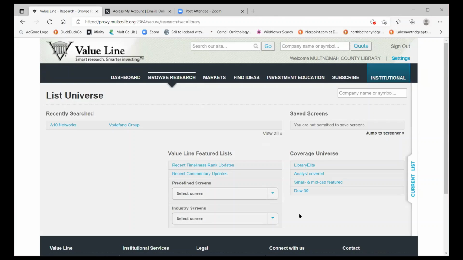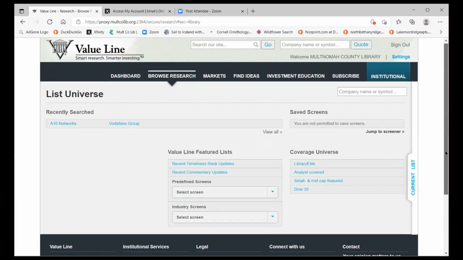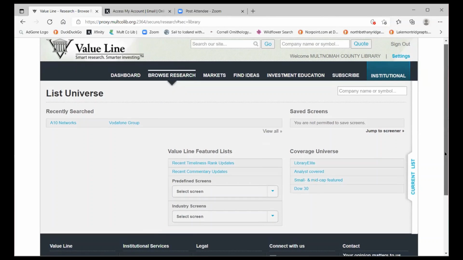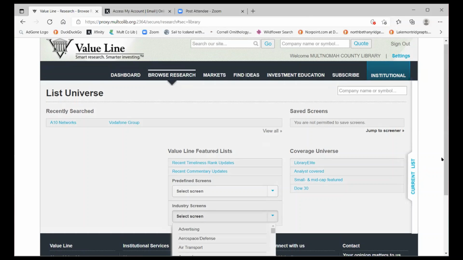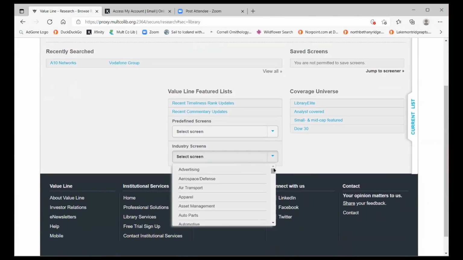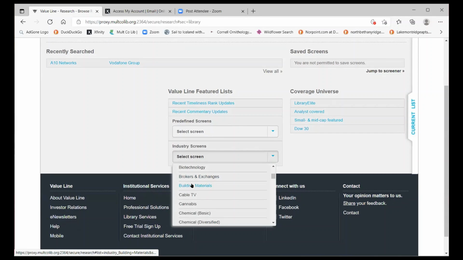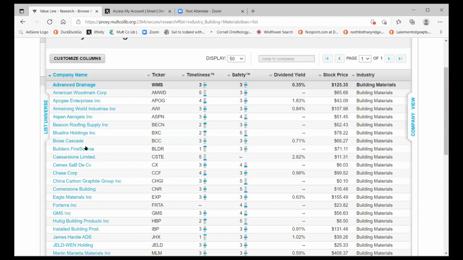If you remember what the company is, or the company's industry, then you can go into screens by industry, and you can pull up lists. Here, I'll just grab building materials arbitrarily. And here's a list of the building materials ones, and now you can go and look those up if you're interested in that particular industry.